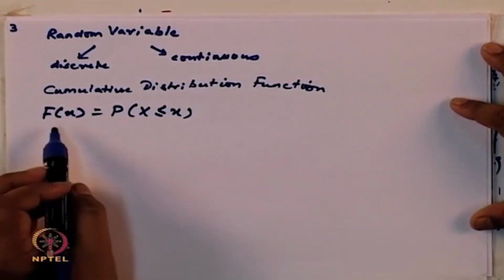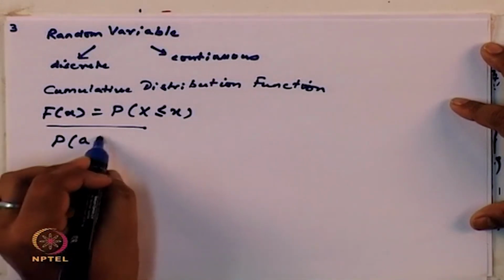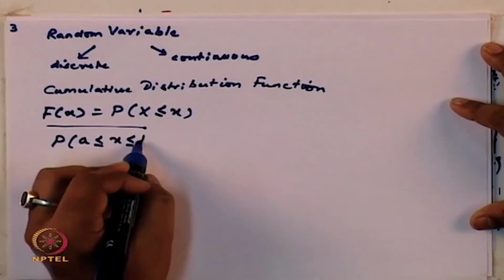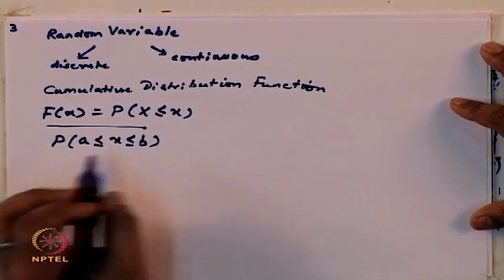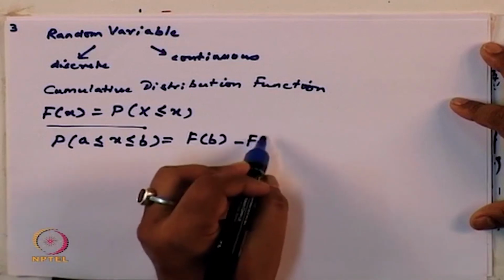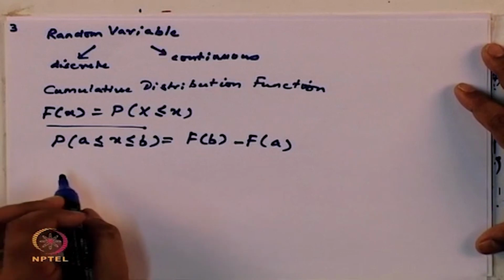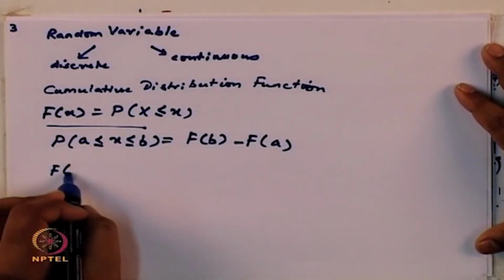If we know F of x, then we can compute the probability of X between a and b, and this is nothing but F of b minus F of a. Let us take a simple case. Imagine I define F of x as follows.